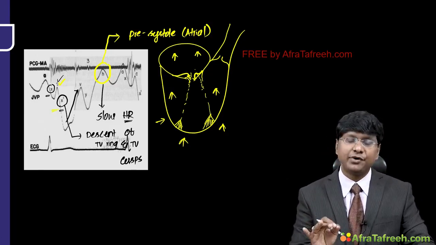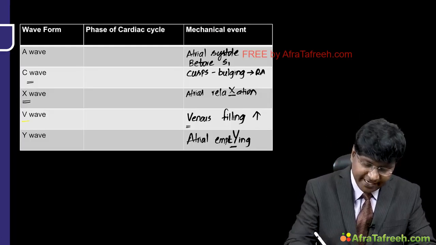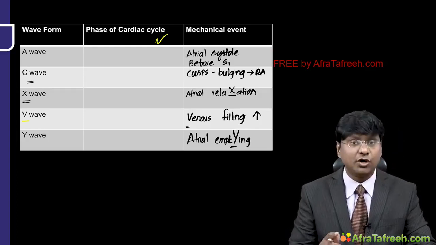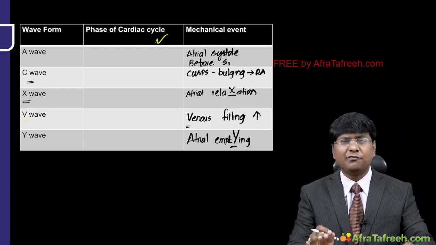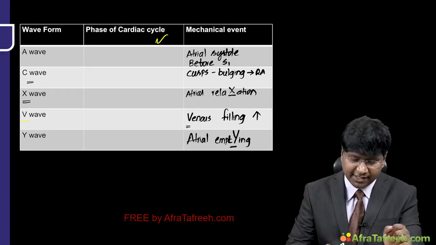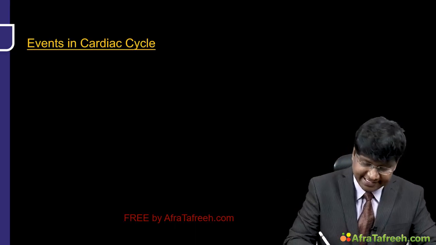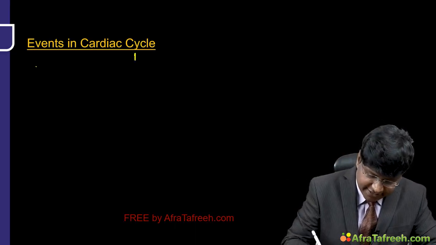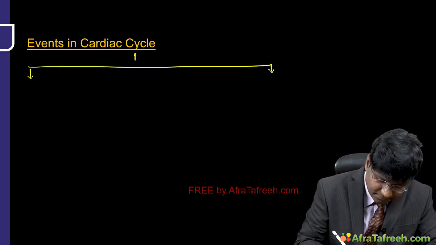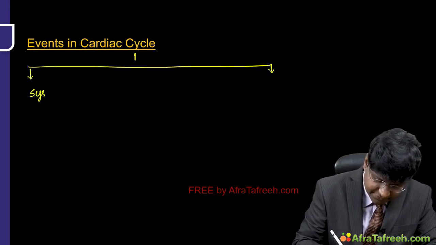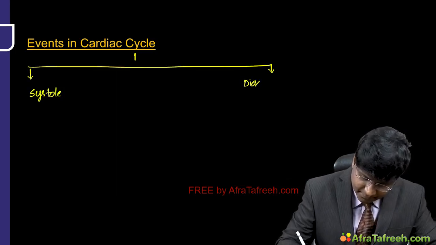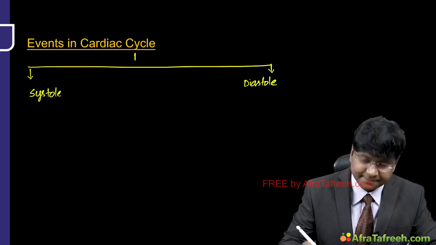But a very important point now is that you should be able to correlate that with the events of the cardiac cycle. First of all, let me give you a brief review of the events within the cardiac cycle. We have the systole and then the diastole.